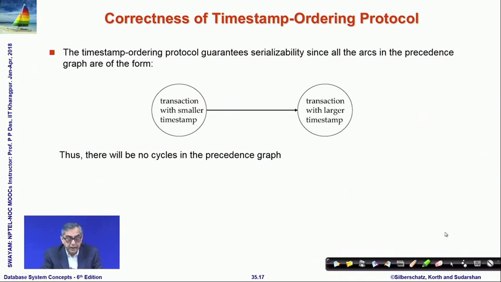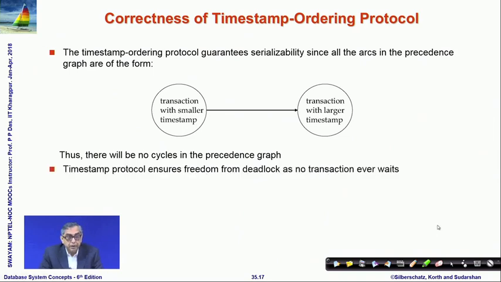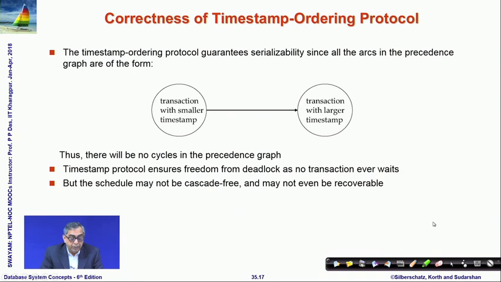So, there cannot be deadlock in this time based protocol, but the schedules that they produce may not be cascade free, and examples can be shown that they may not even be recoverable.